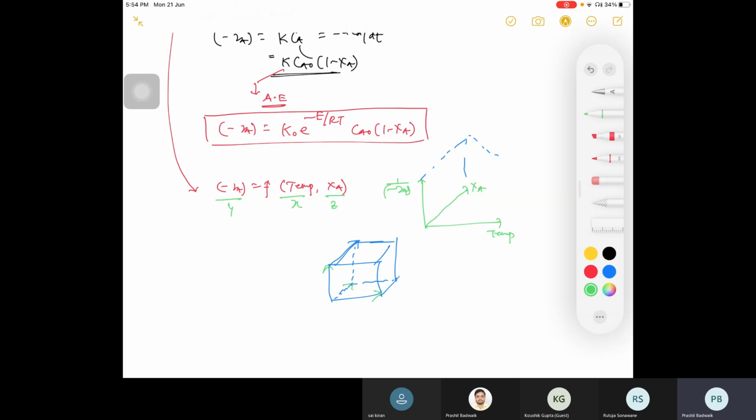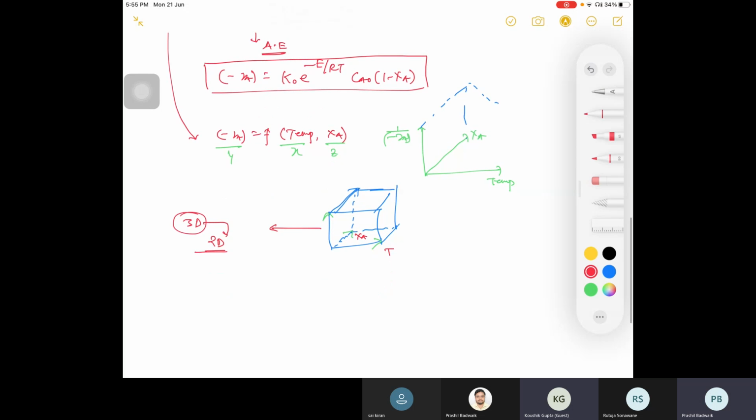with respect to Xa and temperature. Is there any other way that I can convert this 3-dimensional graph into a 2-dimensional one? Any other way? Any guess? By keeping one of the things constant. Right.